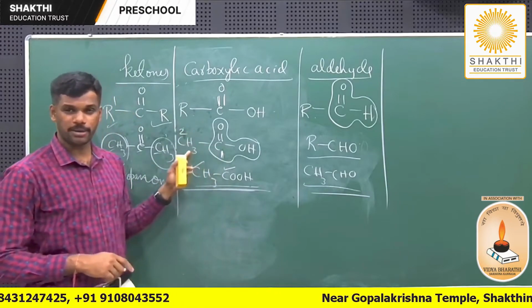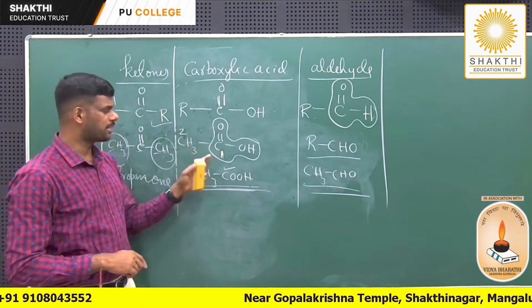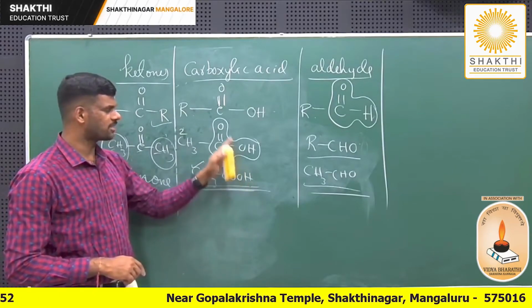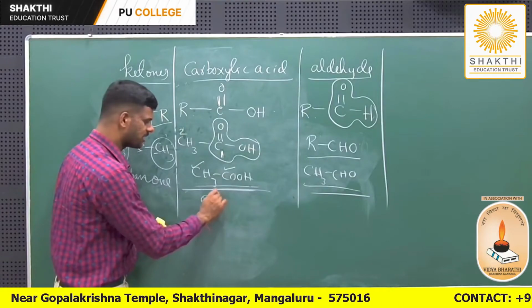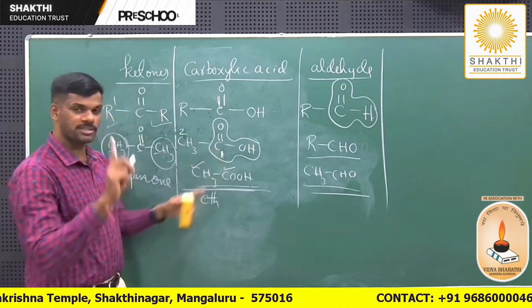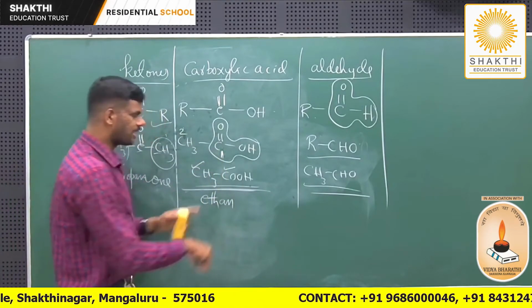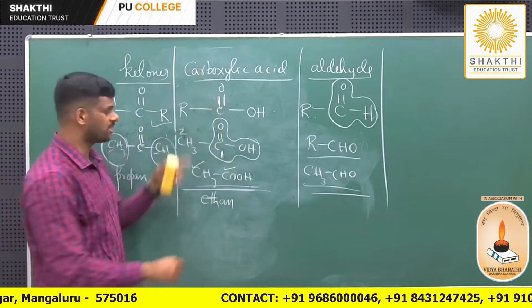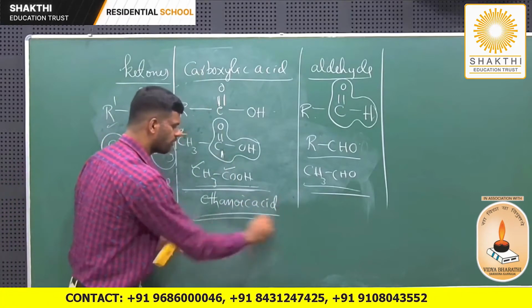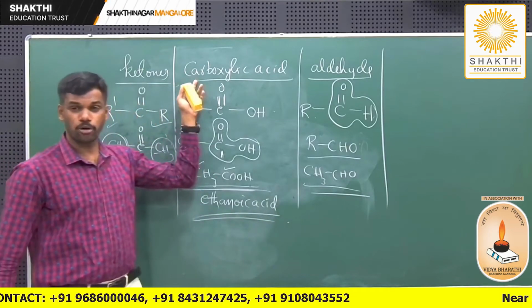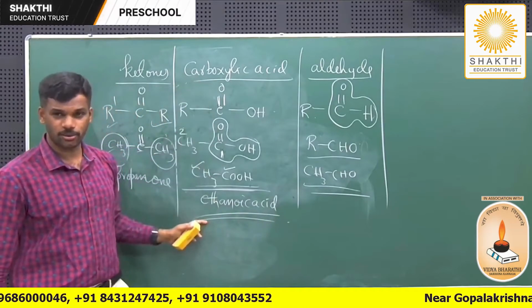There are 2 carbon atoms, and you know there is a carboxylic acid group, that is the COOH group. 2 carbon atoms, I say that is eth. Carbon and carbon has a single bond, that is ane. And then there is the COOH group, I say that is oic acid. Oic acid is the ending you have to use for carboxylic acids. So this is ethanoic acid.